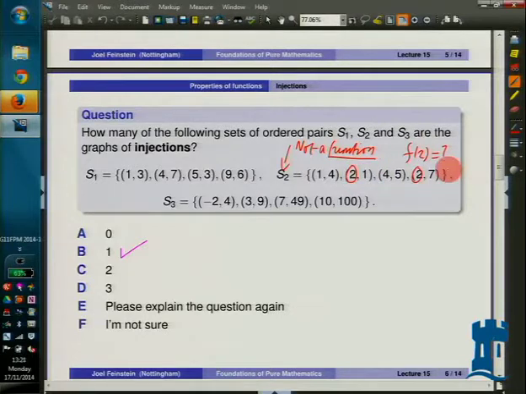We're not allowed to do that. So the graph of a function can't have a repeated first coordinate with different second coordinates. That rules that one out. The other two are functions. So S1 and S3 are graphs of functions.